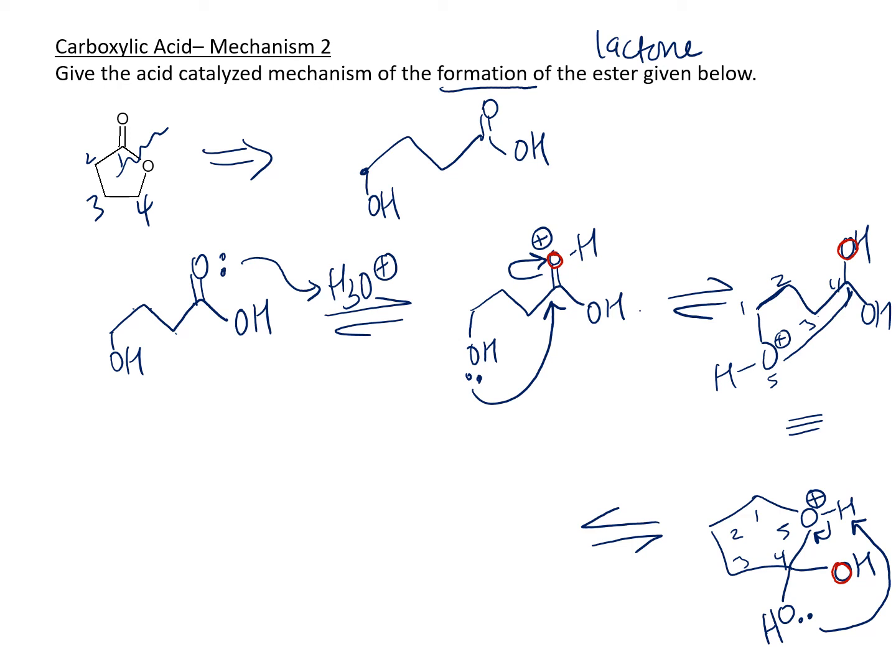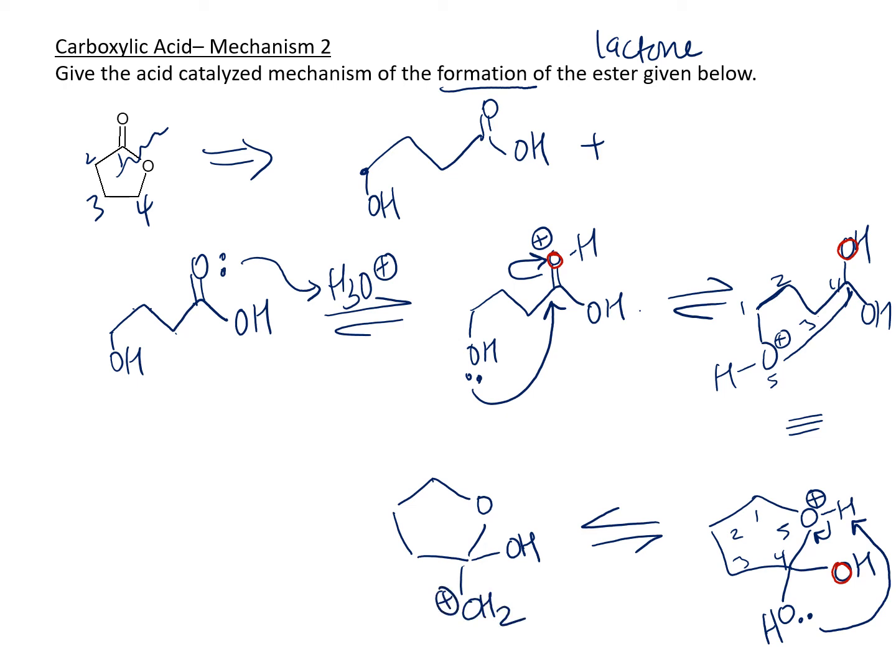Remember what we're doing, we're forming an ester, which means we have to lose water also. So here, we lose water. Then we have this oxygen right here, so that proton is gone from there. This OH is still here, and this OH is now protonated.